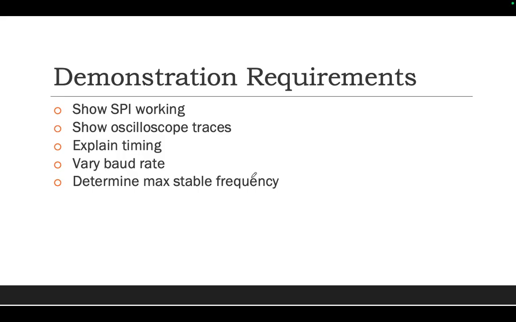Any questions so far? Actually today's lab is not that complicated, but you need to understand the theory of what SPI is. It's just a communication protocol, which means when I will receive the data and when I will send the data, am I right?